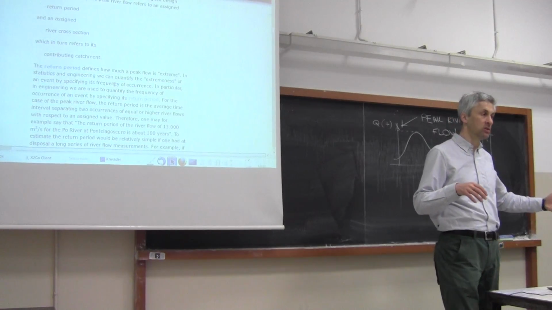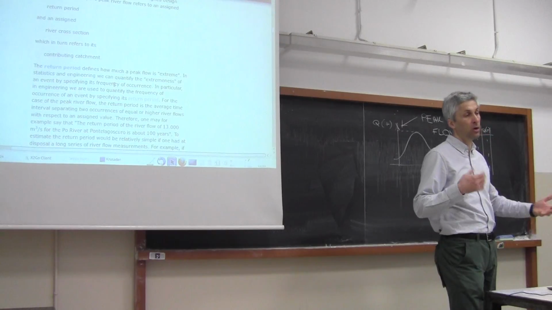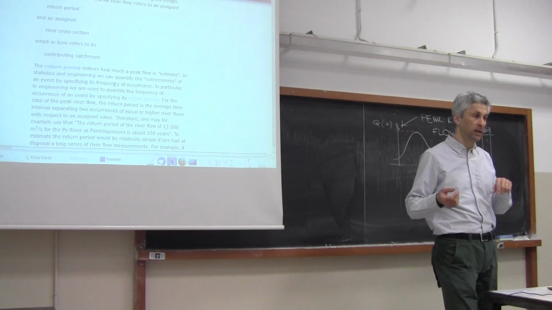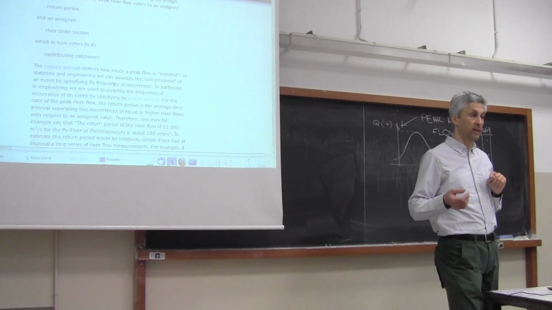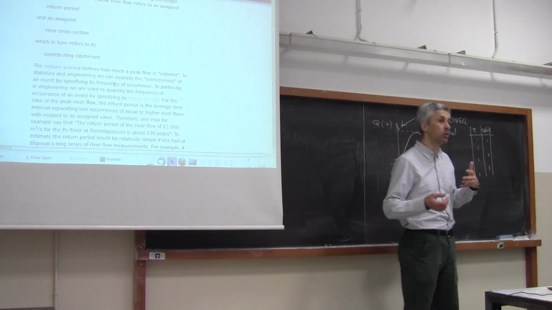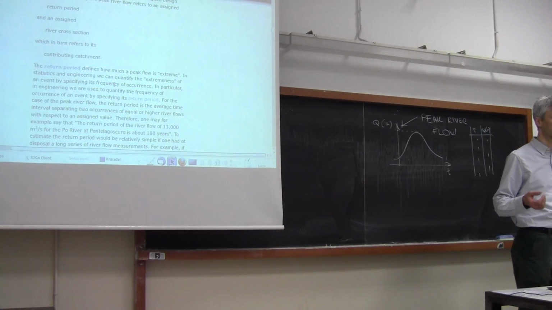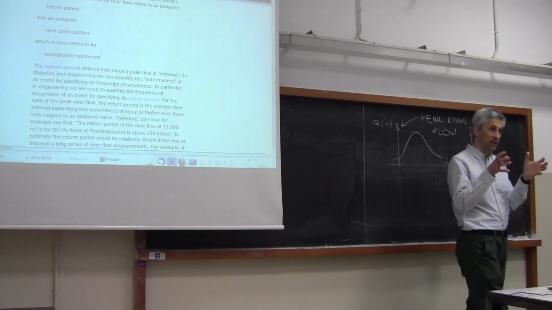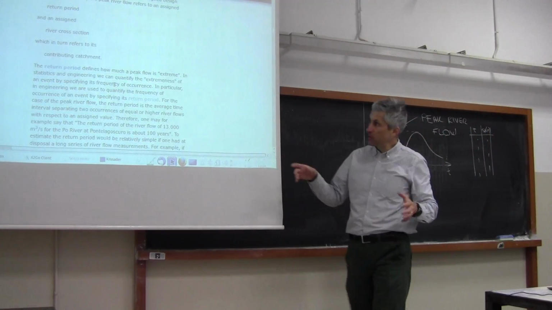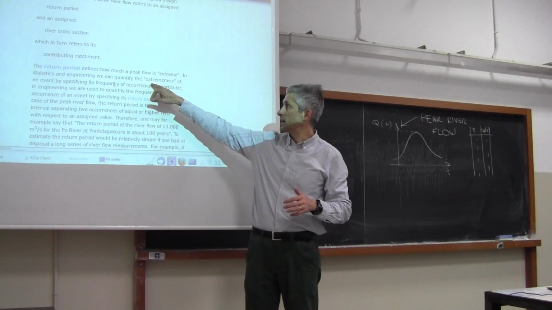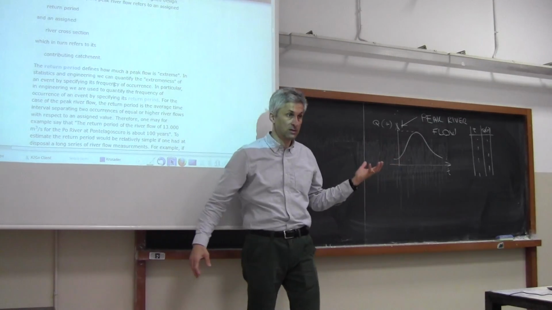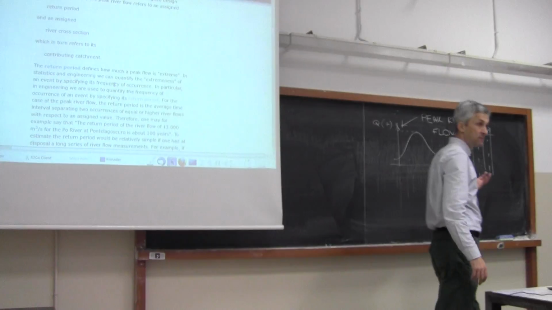There are floods that occur on average once in a year and have a peak flow. And there are floods which may occur on average every 1,000 years, so very unlikely to occur. And of course, these floods have much more impact, are much more extreme. So we need to quantify extremeness, a term which is not quite correct.